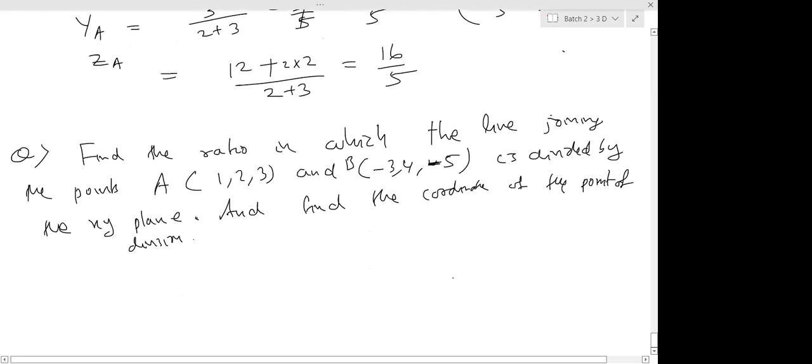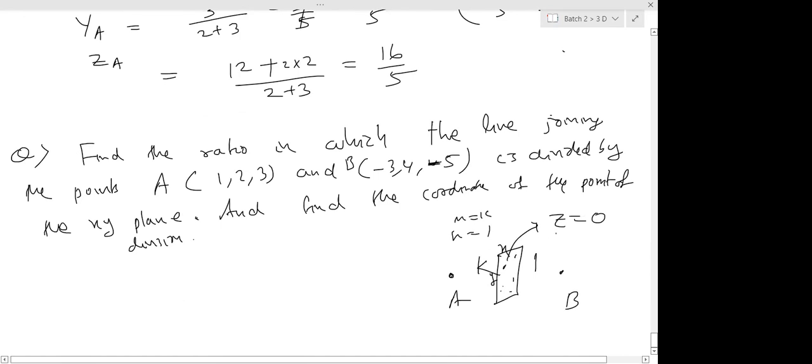I'll give you some hint. See, this is AB. Suppose this is the xy plane. All right. So in xy plane, if there is any point, then that means the z coordinate is 0. So assume the ratio to be k:1. All right. The value of m is k, n is 1.